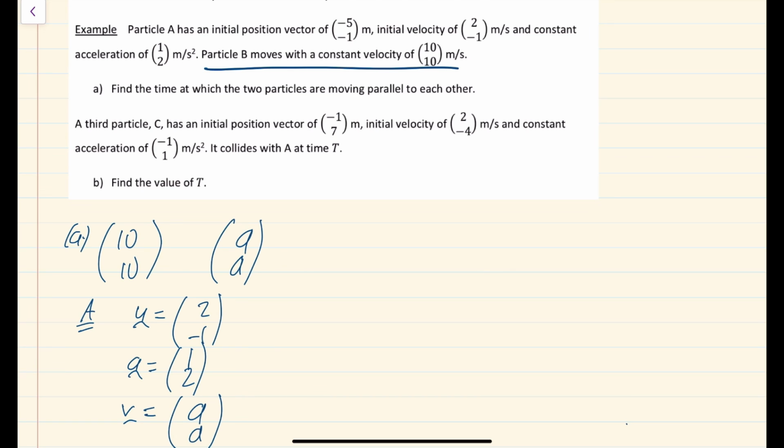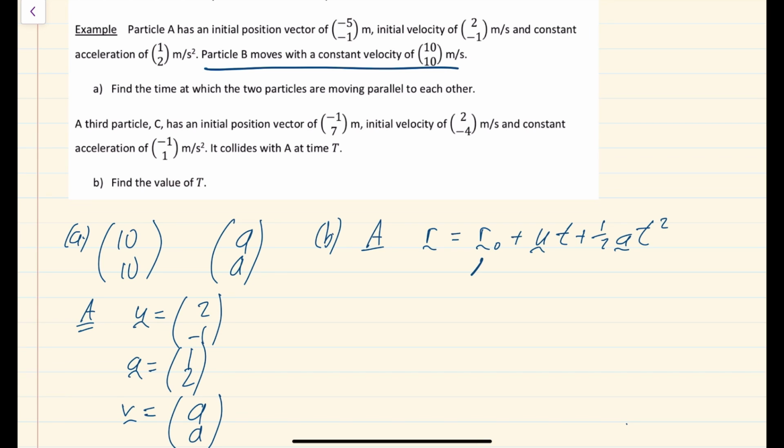Okay, right, we're going to look at A, and I'm going to use my r for my position vector in this one. So for particle A, r, my final position vector, is my initial position vector plus, it's moving at a constant acceleration, its initial velocity times time plus a half my acceleration times time squared.